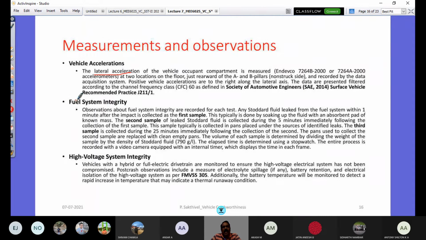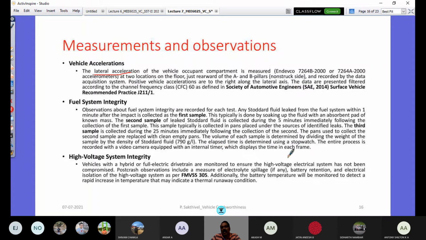For that purpose, you have to see the leakage of the solvent after the crash test. The first sample is to be collected within a minute, and the second sample within 5 minutes, during the 5 minutes immediately after the first minute. Then the third sample is to be collected 25 minutes immediately after the second sample is collected.